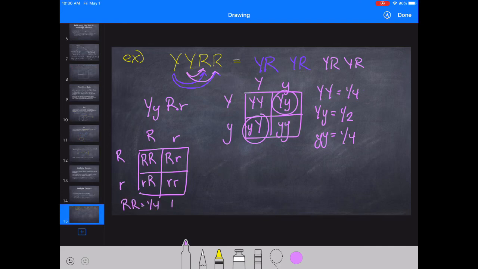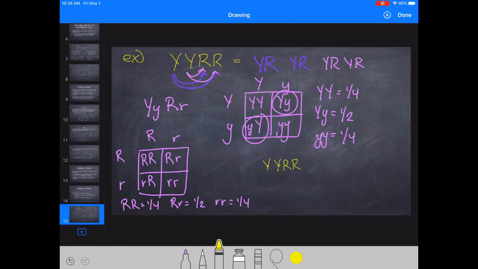And the probability would be that big R is 1/4, big R, little r is 1/2, little r is 1/4. I can say, what would the probability be if I had 2 of these genotypes?